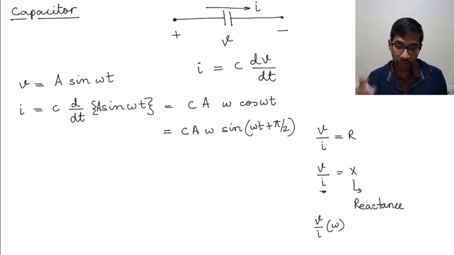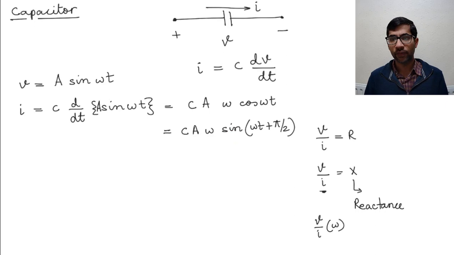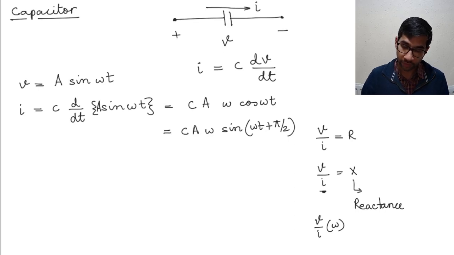So now you have a sine wave in your current and a sine wave in your voltage. But the issue is that there is a phase difference. And therefore, if you divide the voltage with the current, you're not really going to get a value which does not have this time dependence. So here's what we are going to do then.